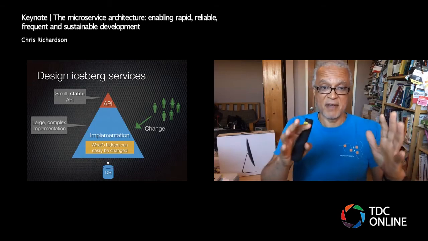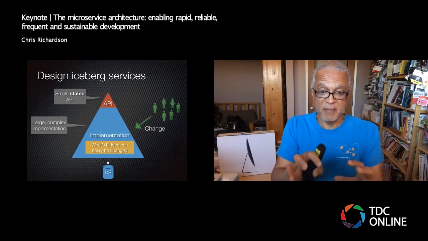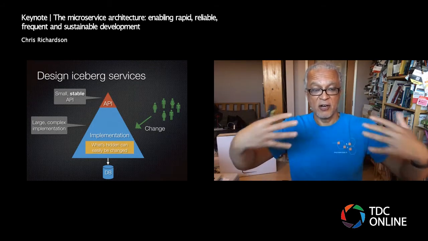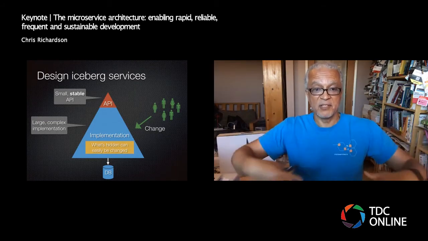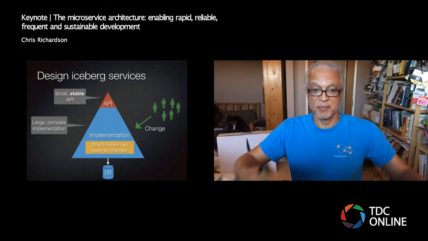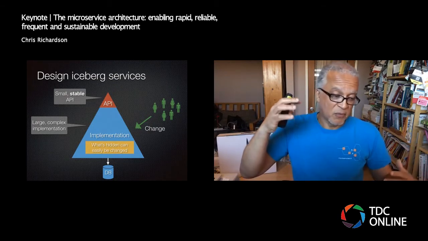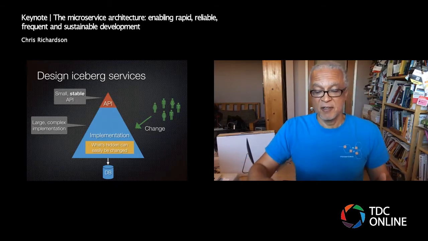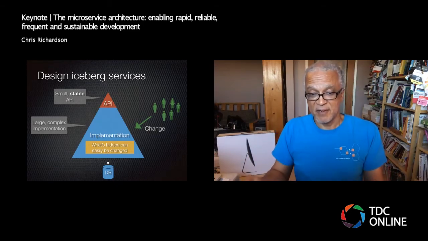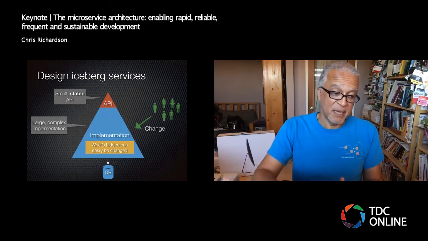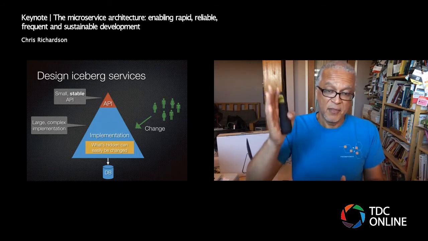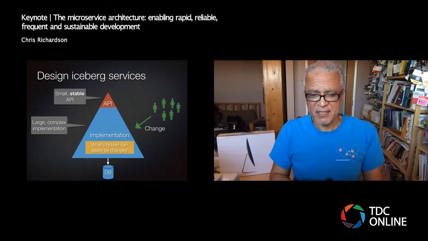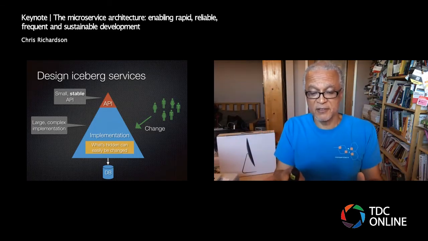So they should have a relatively small API that hides a much larger, complex implementation. And the idea there is that what is hidden behind the API can be changed easily, right? Whereas if the API itself changes, then that impacts the clients. So you want to have services that look like this.